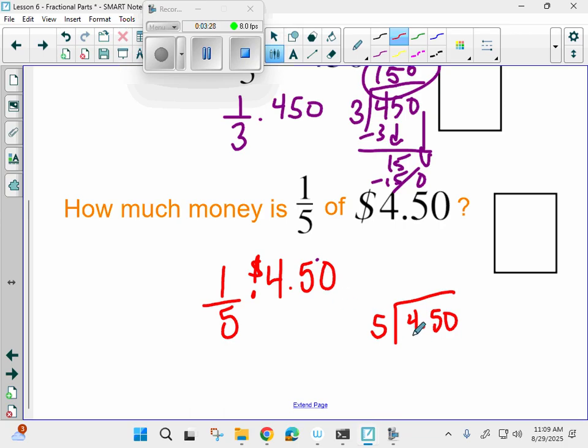Yep. And then we would do the 5 into the 0, which goes in 0 times. When we have decimal division, the decimal just goes right up here. And we usually have a 0 before the decimal as well. And we would want a dollar sign since this is a money problem. So $4.50 divided by 5 is 90 cents.